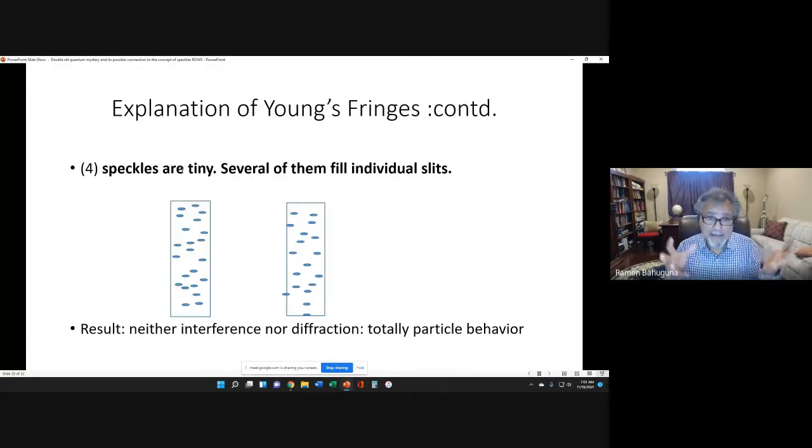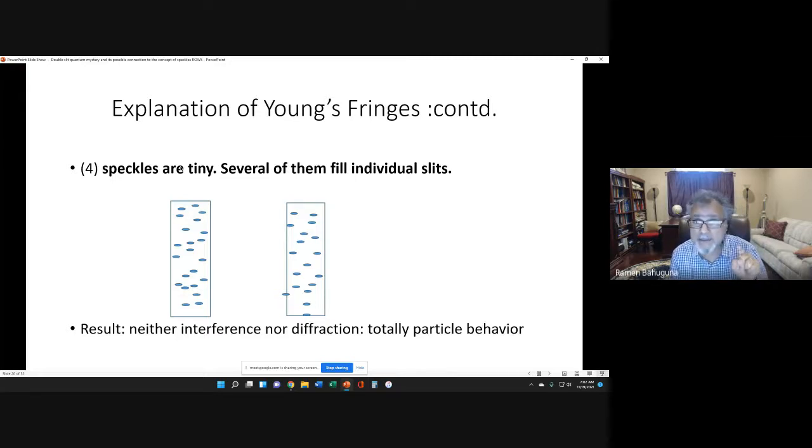Now, because lambda over theta is the average speckle size, some of the speckles may be very small. Let's say this is the situation. These are the two slits, and the smaller speckles are falling now on each slit. What is happening is that these speckles are uncorrelated with respect to each other. So the diffraction also disappears.